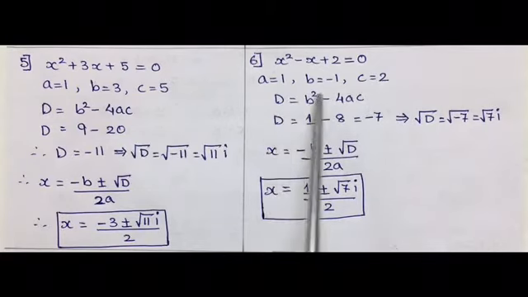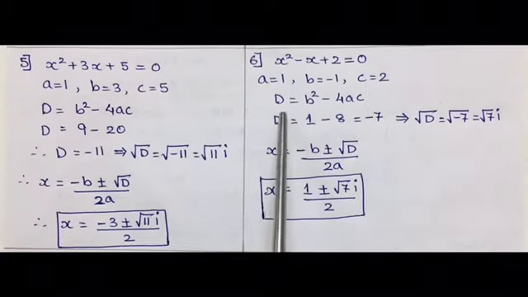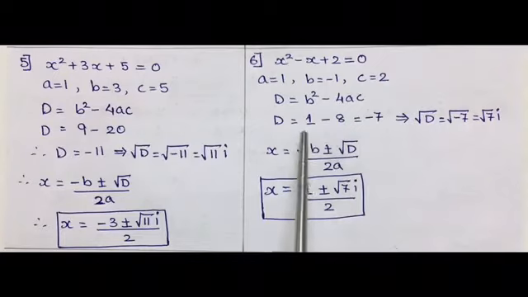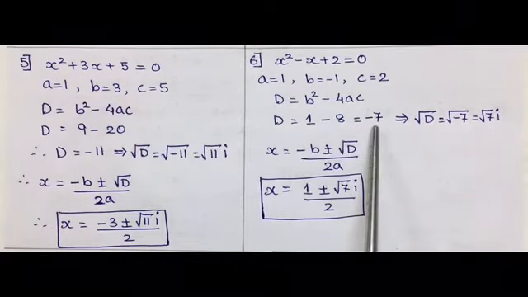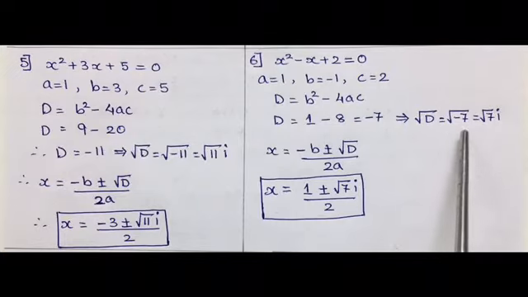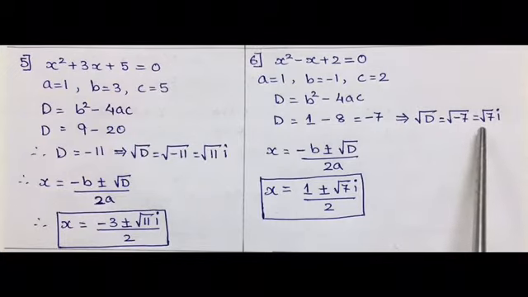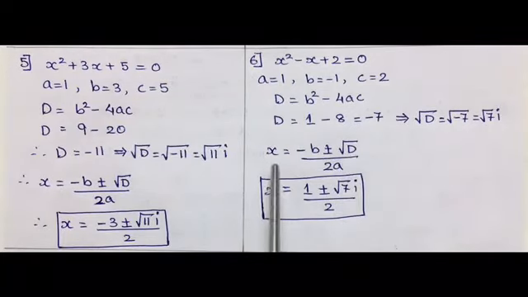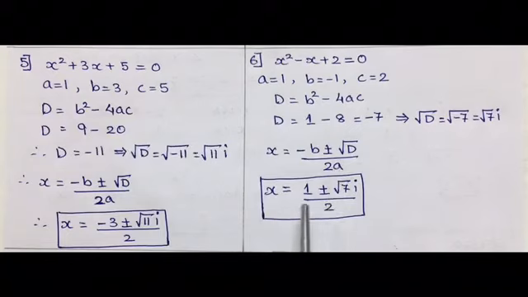Then putting all the values for calculating d in the b square minus 4ac formula, we got the value of d as minus 7. So root d becomes root of minus 7. So to remove the negative, we will write root of 7i. Now substituting all the values in the formula, the answer of x becomes 1 plus or minus root 7i whole divided by 2.